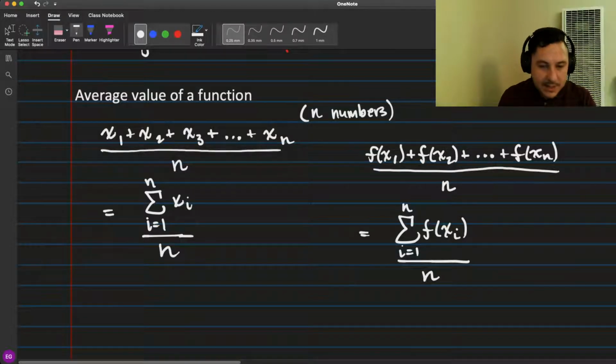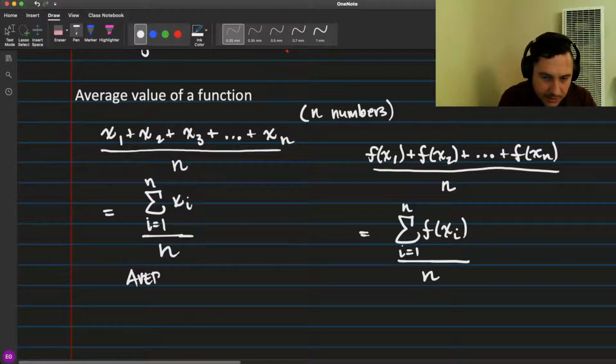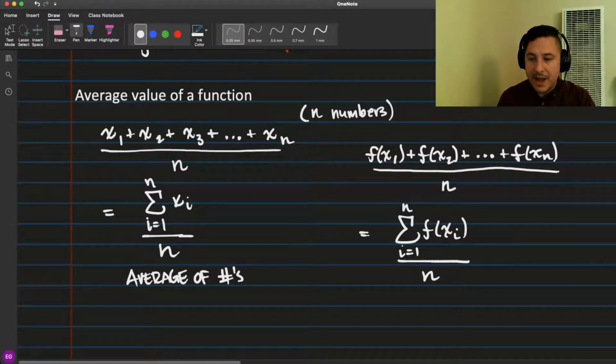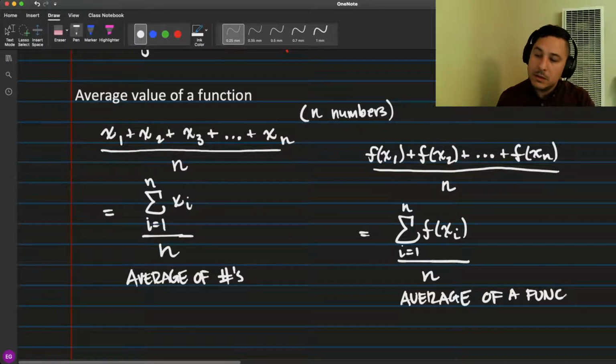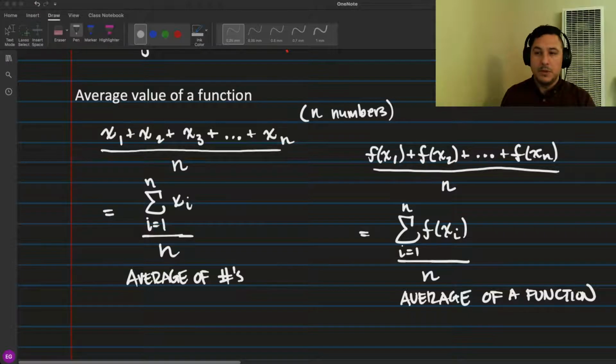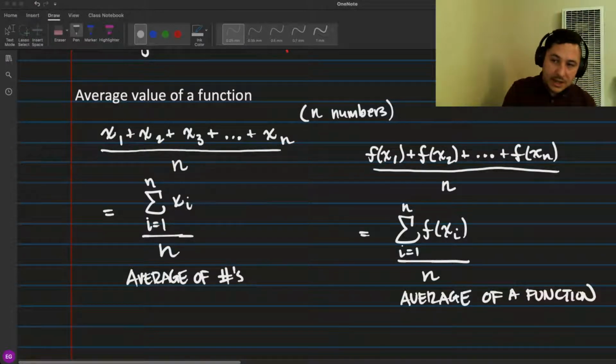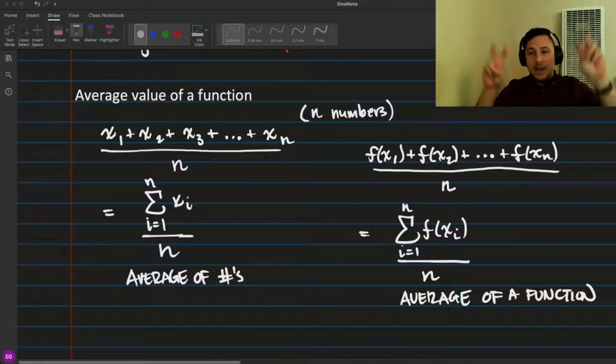So what we had before is the average of numbers. Here we have the average of numbers plugged into a function, so we could call this the average of a function. Sort of. But do we see how they're super similar? Instead of just dealing with the numbers themselves, we're first plugging them into a function. That's why it's the average of the function.